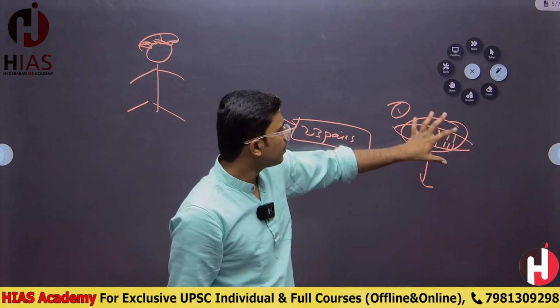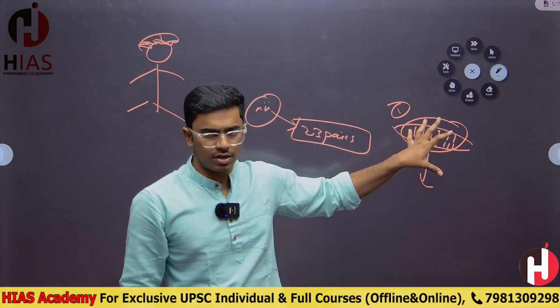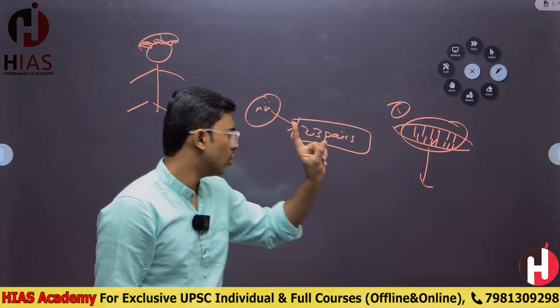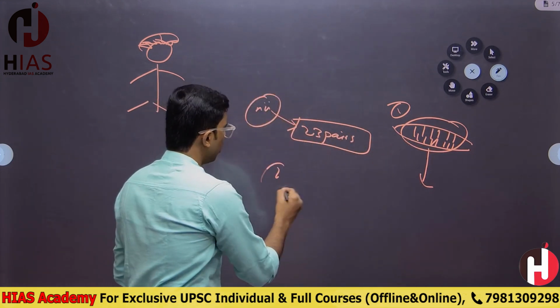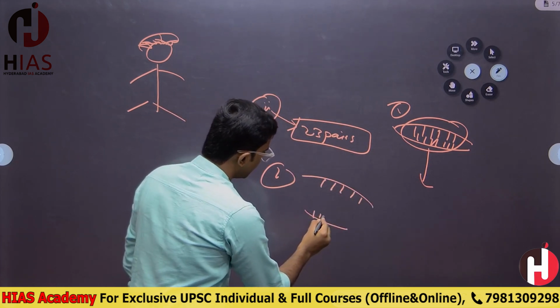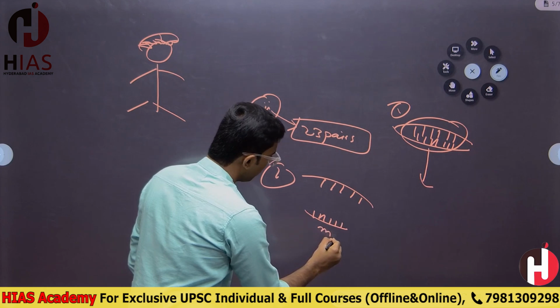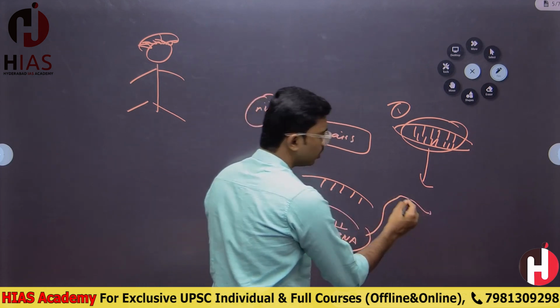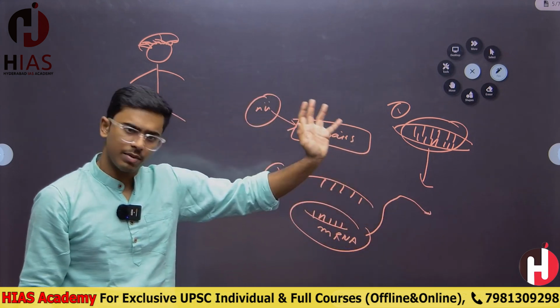Transcription won't happen. So that particular gene is redundant, or that particular gene doesn't express at all. Now, second. If it opened, mRNA is created. This mRNA will now nicely go to ribosomes. It will become a protein.